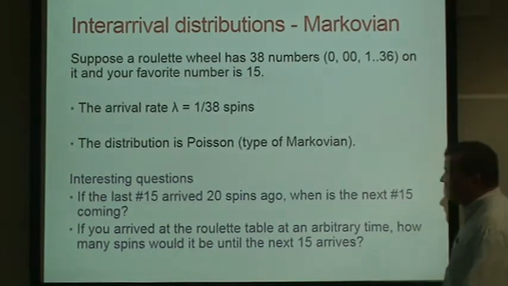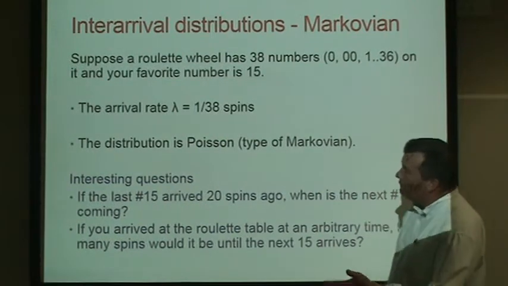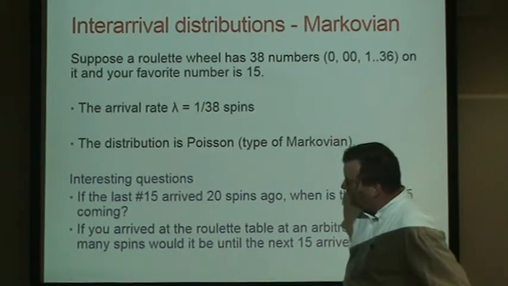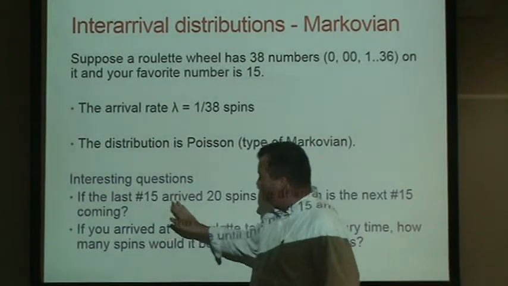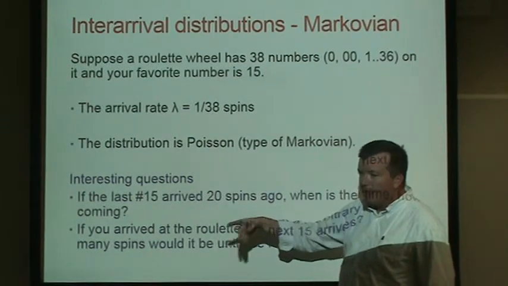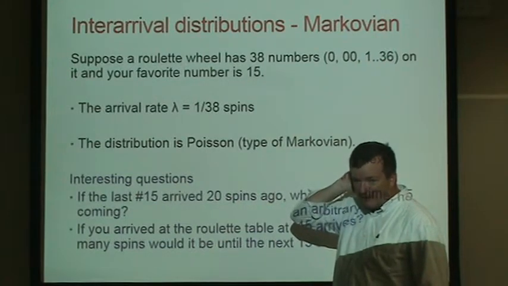That will be the rate. The rate will be 1 out of 38 spins. Your number 15 will arrive 1 out of 38 times. So now the question is, if the last number 15 arrived 20 spins ago, when would you expect the next 15 to come up?